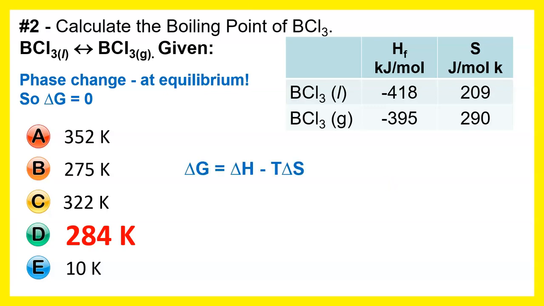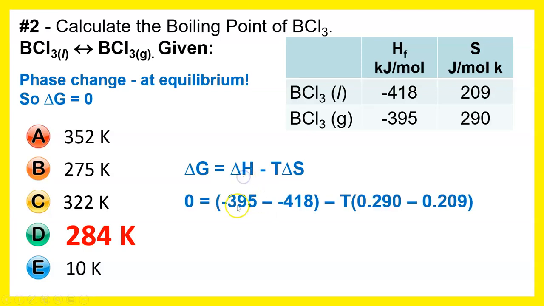I'm going to use Gibbs. I'm going to calculate delta H from my data table minus the unknown temperature times delta S converted into kilojoules. And I'm going to find out that that phase change happens at 284 Kelvin.